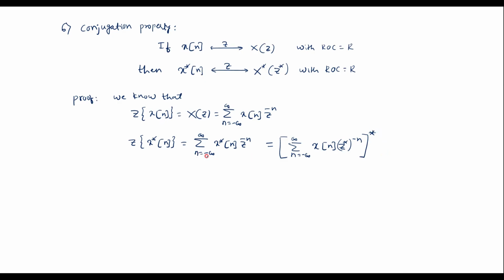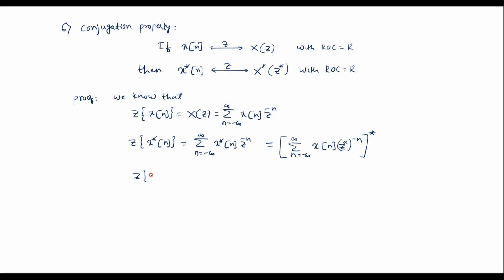That is, in this case, there is a complex conjugate of x(n), that is x star of n. Now the same expression I can represent as summation n from minus infinity to infinity x star of n, and here z star of star is nothing but z. So this expression is equivalent to this expression.